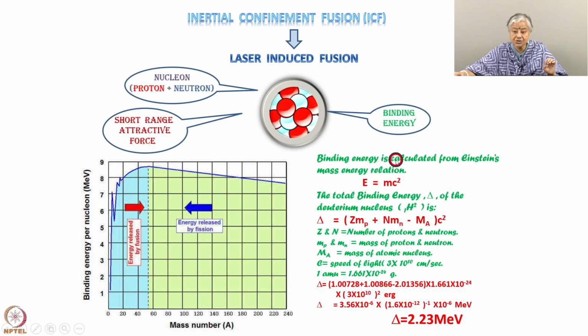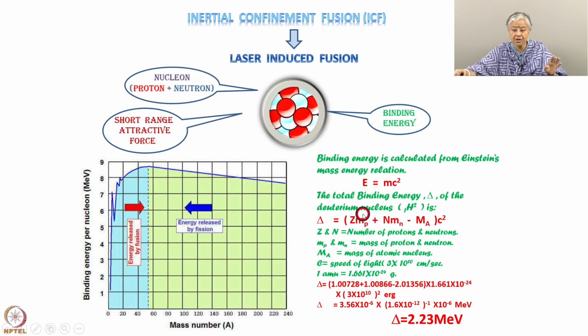The binding energy is calculated from Einstein's mass energy relation, E is equal to mc square. Take the total binding energy delta of a deuterium nucleus. I specifically take the example of deuterium nucleus because generally deuterium is used in fusion.